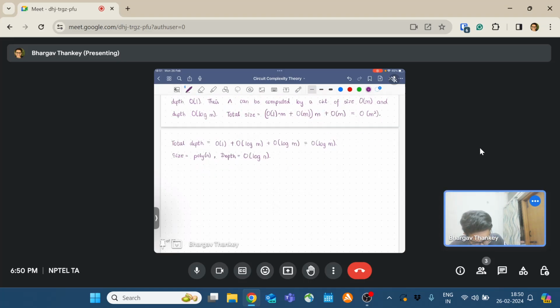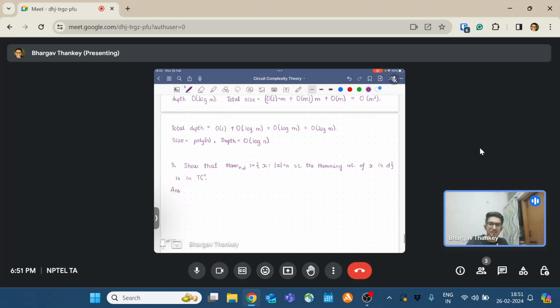Okay, so now let's show that the function defined as all strings x of length n such that their Hamming weight is exactly d is in TC0.